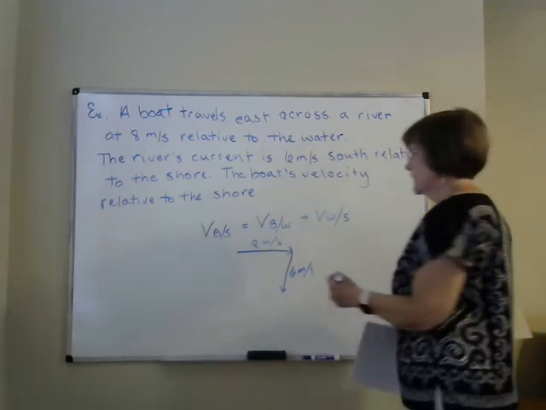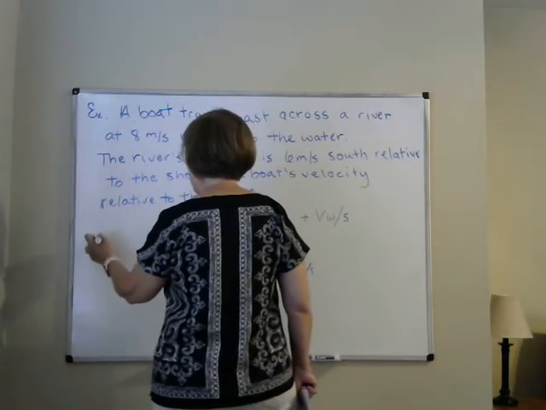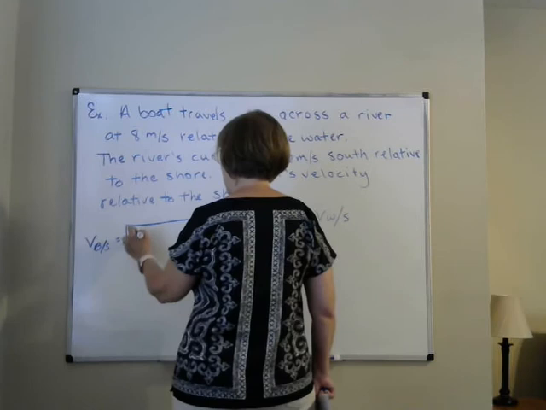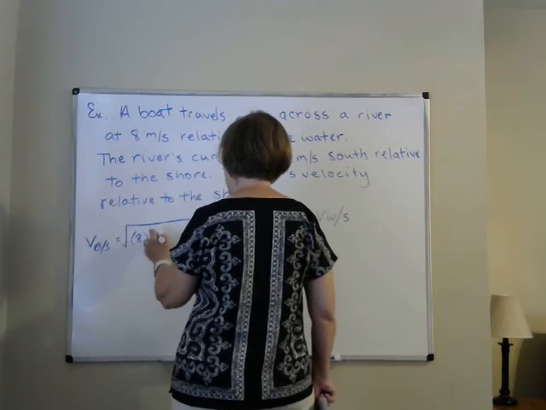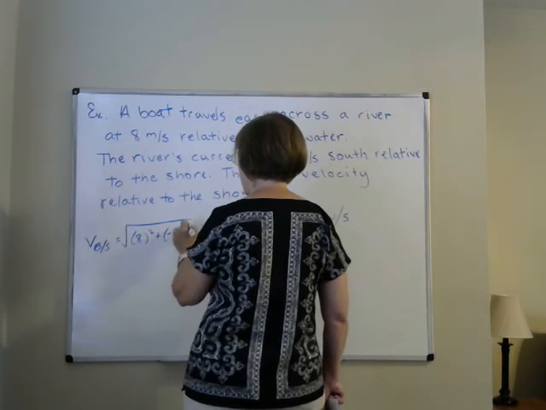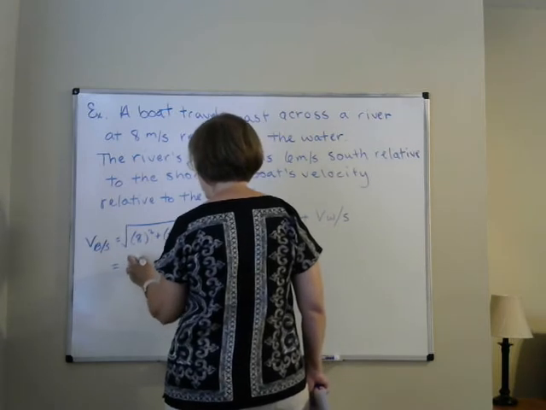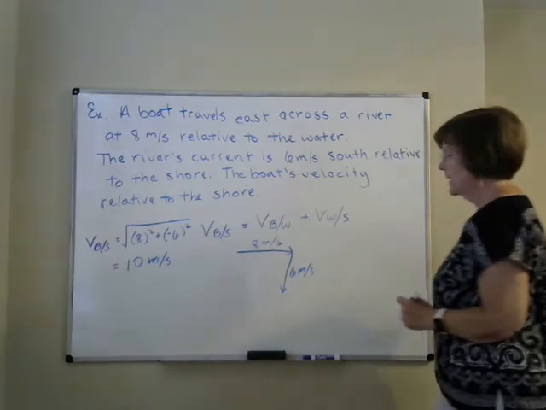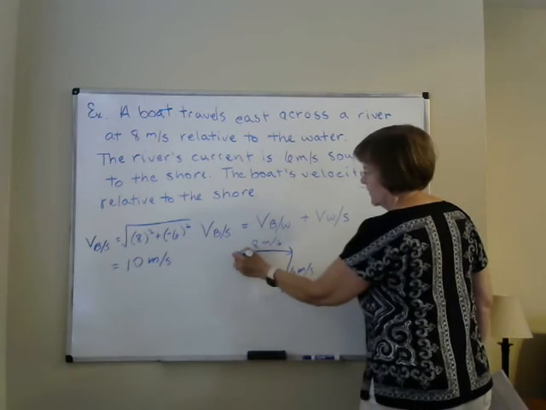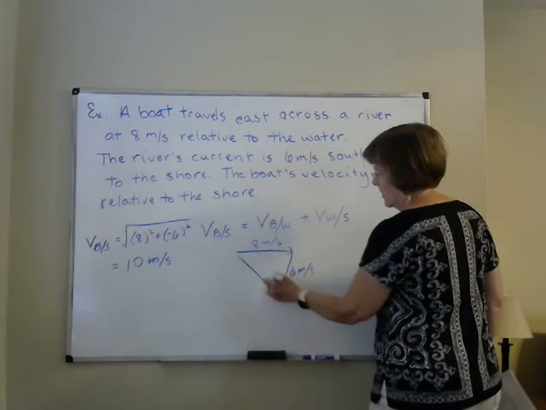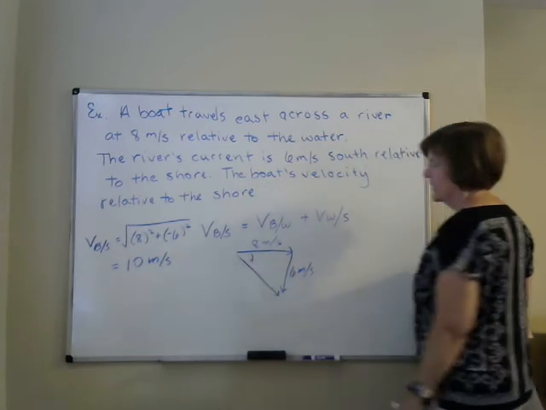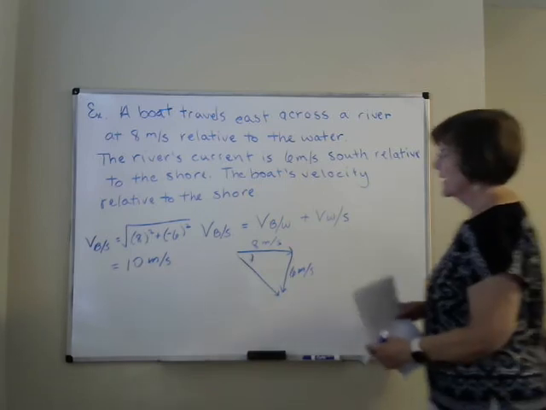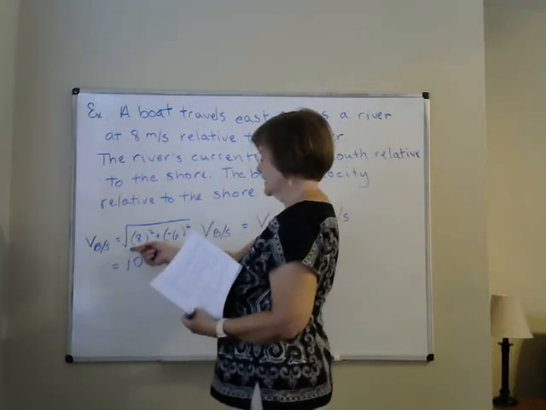It's the Pythagorean theorem. So the size of the velocities would be the square root of 8 squared plus negative 6 squared, 10 meters per second. If I want to know this angle, I'm going to have to do a tangent inverse. My x component is positive 8.